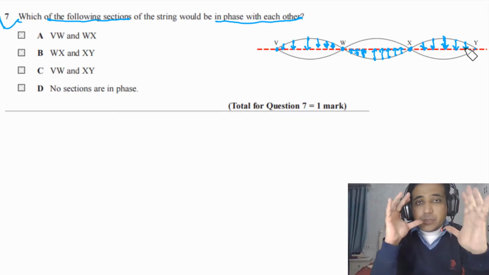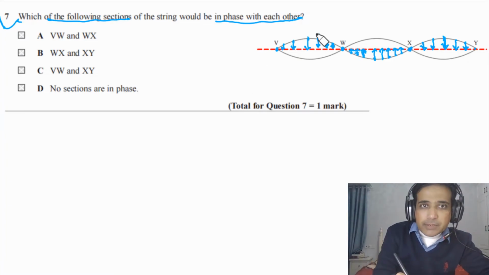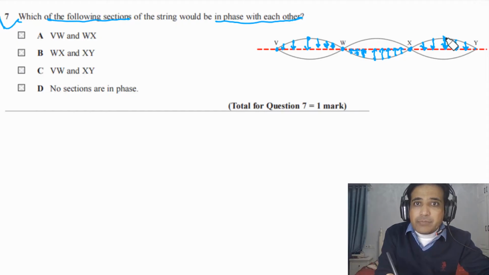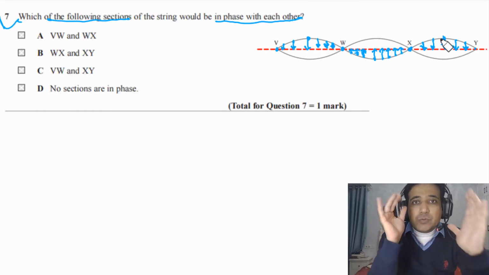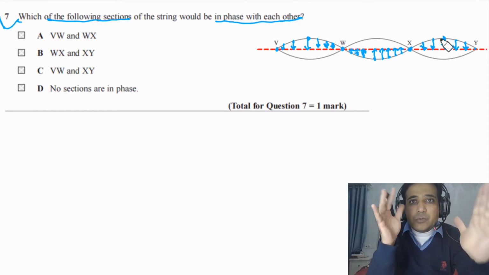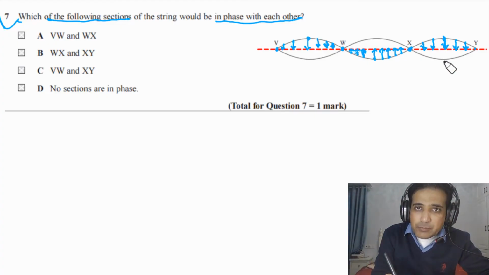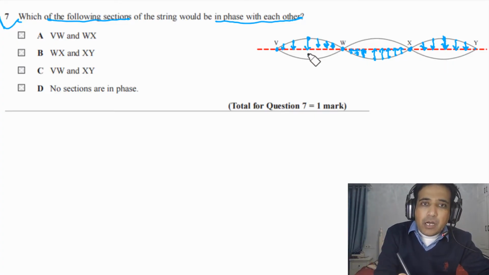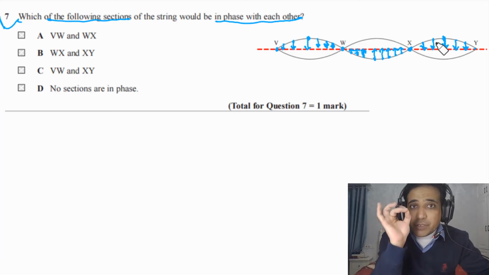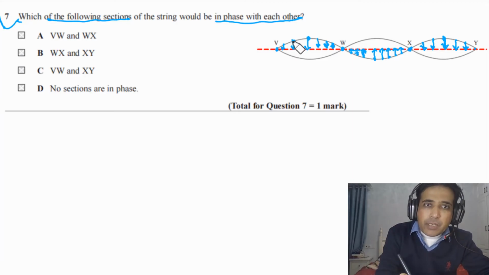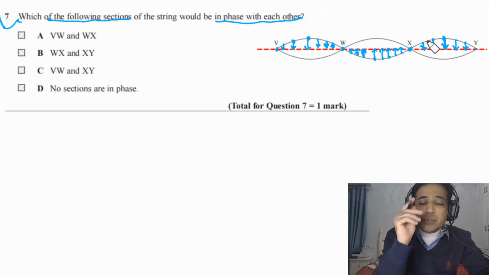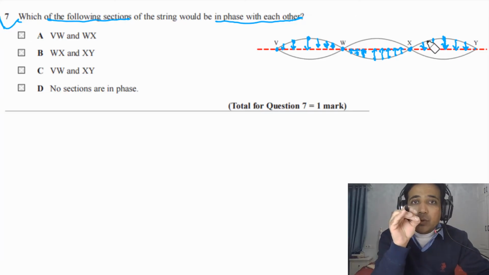Now if you look at these arrows, this is telling us that when this particle starts moving down, at the same time this particle also will start moving down. And when this particle completes one cycle, this particle also completes one cycle. So this particle and this particle are always in phase. And if I look at this particle and this particle, these two particles also will always be in phase.